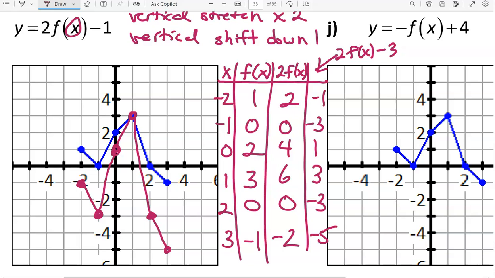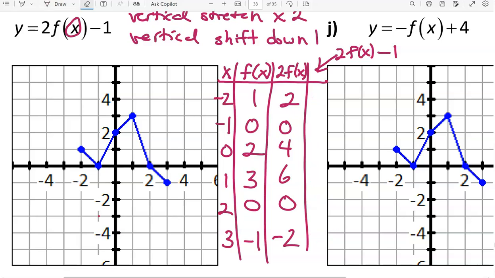and we also see that shift down, down 1. And I did a shift down 3. Let me fix that. I changed a number at the last moment. This should have been down by 1, so the last numbers in this column should be just subtracting 1.